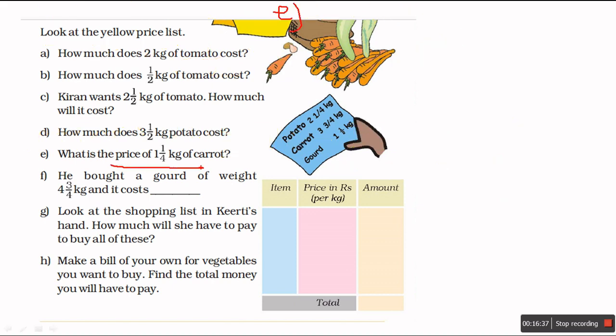What is the price of 1 and 1/4 kg of carrot? So cost of 1 kg carrot is equal to rupees 18.